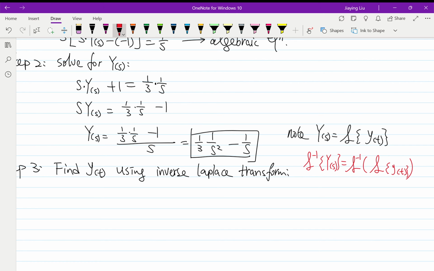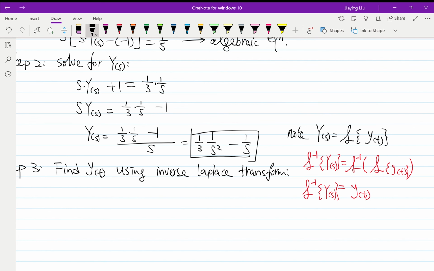The inverse and the Laplace transform should cancel, just giving me y of t left. Therefore, y of t is just equal to the inverse Laplace of Y of s. So at the end, if I want to find y of t, we're going to take whatever Y of s is and then apply the inverse Laplace transform.